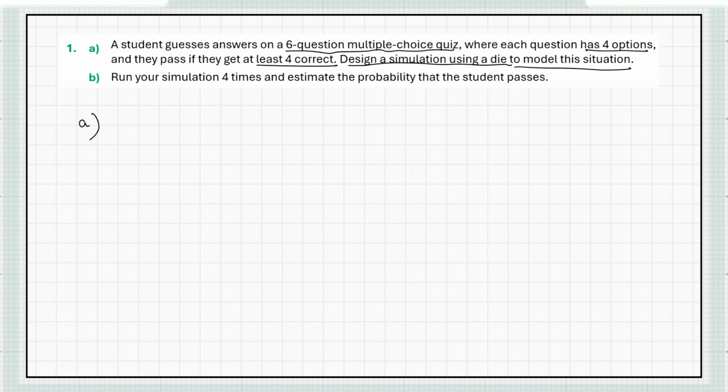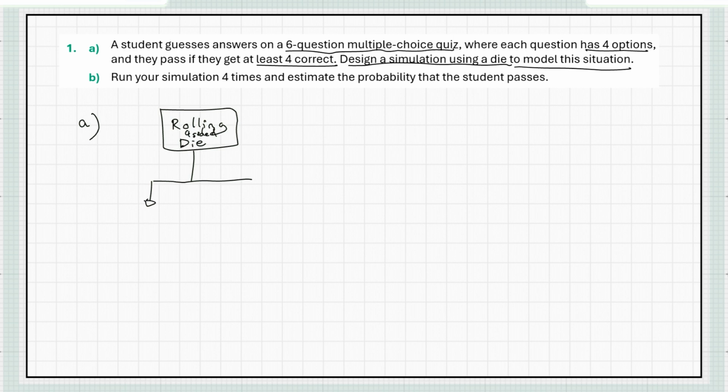We're going to start our simulation by rolling a die. Let's say it's a 4-sided die, and we're going to see what happens.